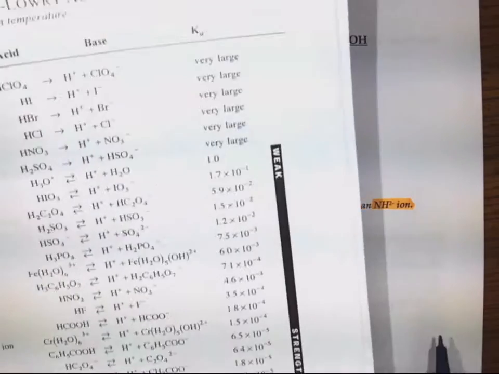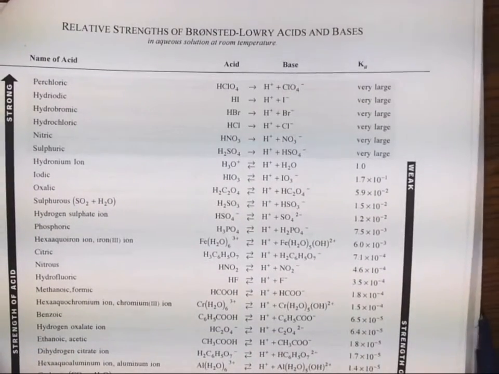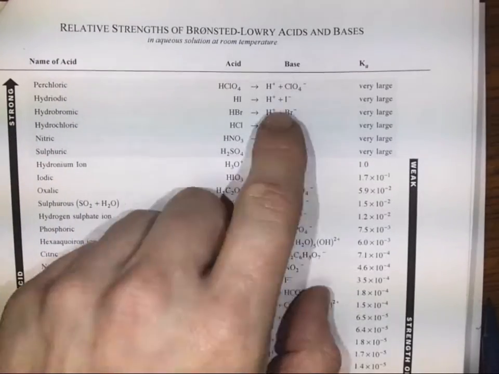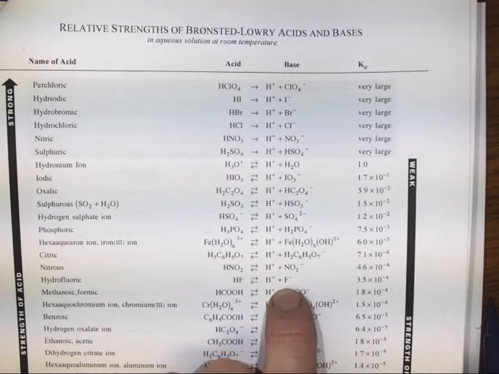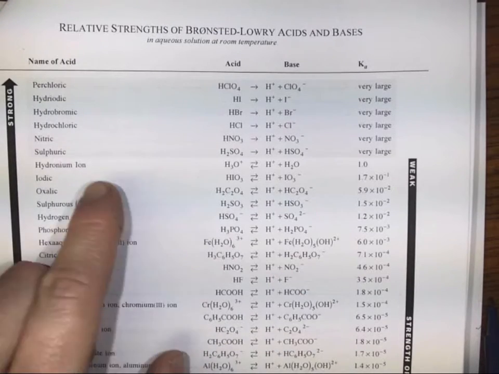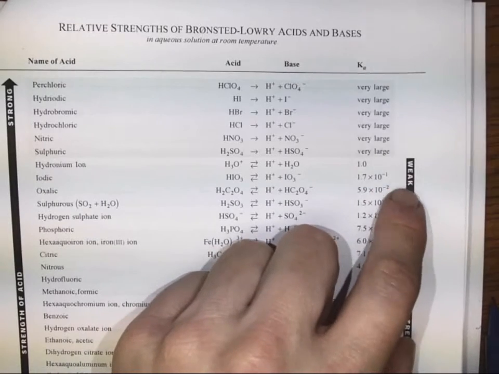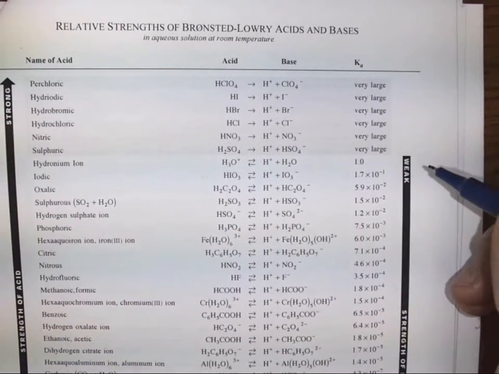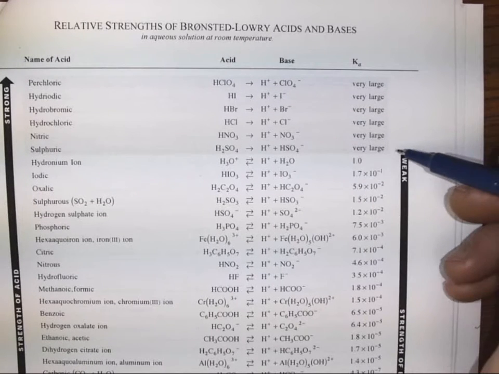Now if we look at the bottom of our Bronsted-Lowry table of acids and bases, acids on the left, and their bases are actually on the right in this column here. Unlike the acids where we start strong at the top, we actually start weak right here, which means these guys don't even act like bases.